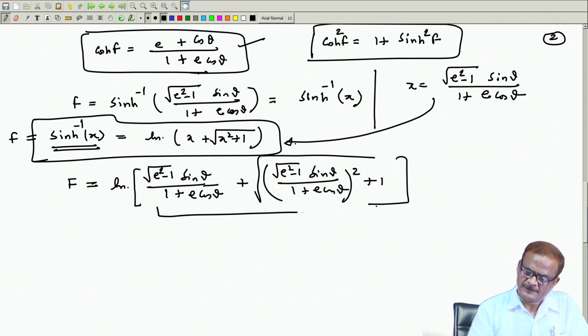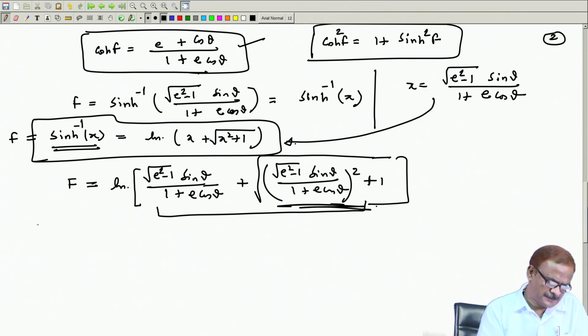Now, this quantity, particularly what is inside the square root sign, can be expanded and written in a particular way. So in that case, x squared plus 1 under root gets reduced to a simpler form.